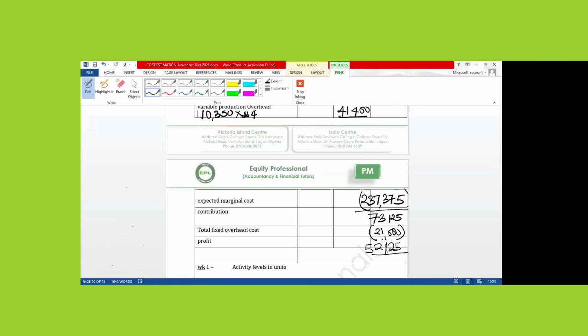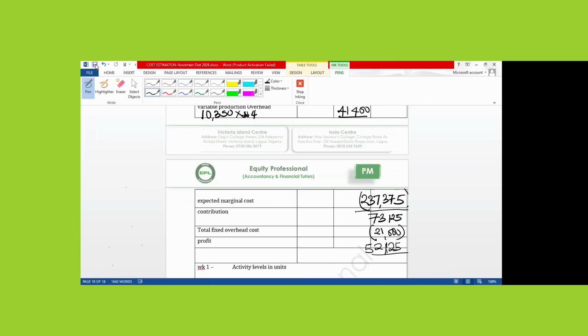to determine the price for your product, you must know the cost of that product. So this topic, you are still going to meet it in subsequent lectures. All right.